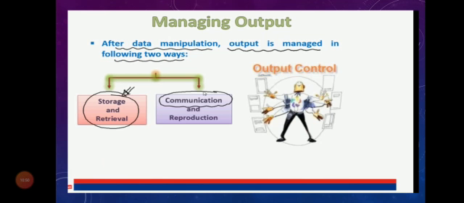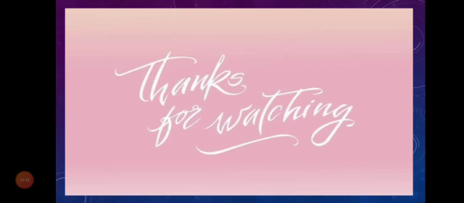Communication and reproduction. Communication, the process of transferring the data from one location to another, is called data communication. The data may be transferred to different locations for further processing.